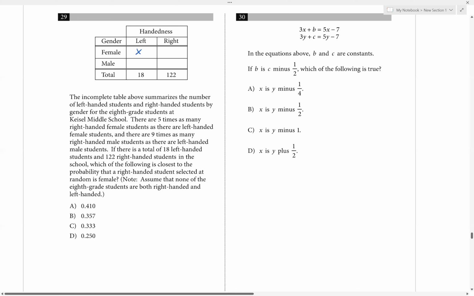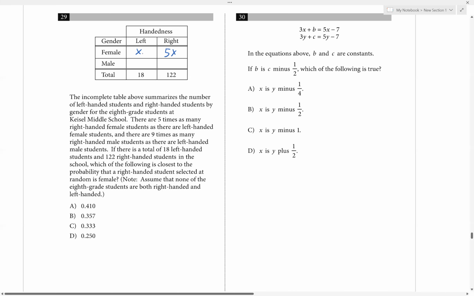If that's X, then we know there are 5 times as many right-handed female students. So the right-handed female students is 5 times the number of left-handed females, which is 5X. Similarly, for the male students, there are 9 times as many right-handed male students as there are left-handed male students.